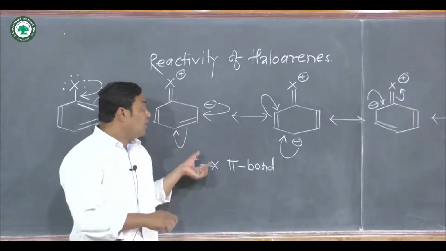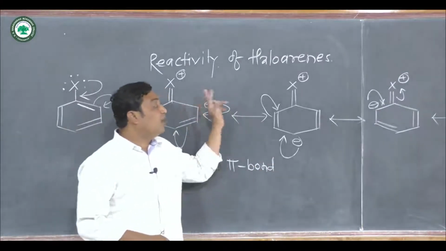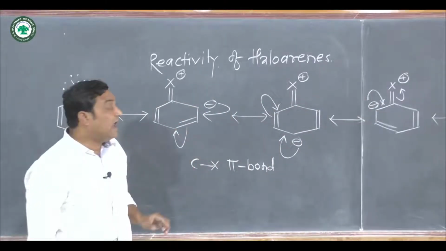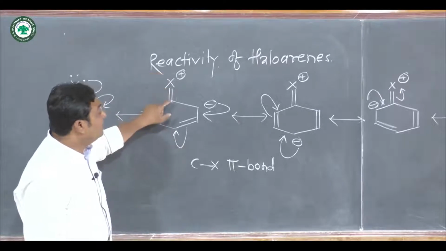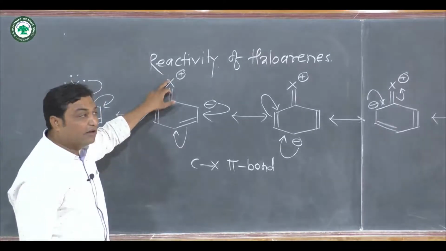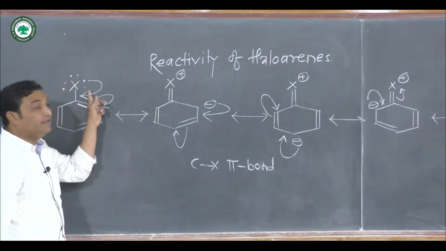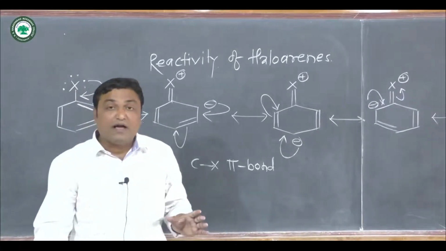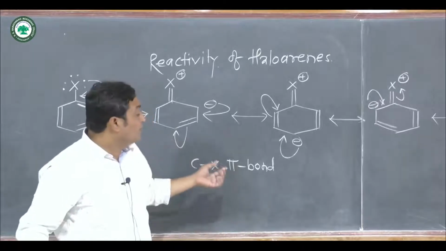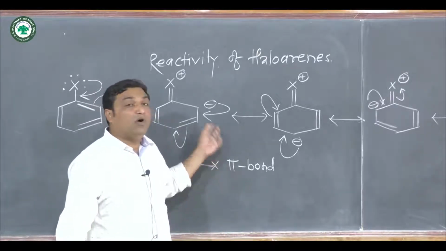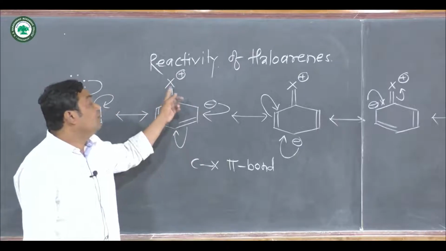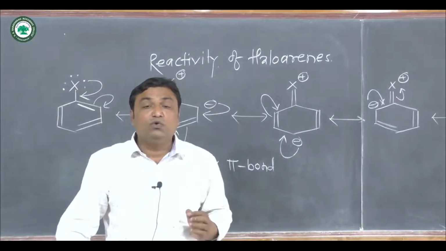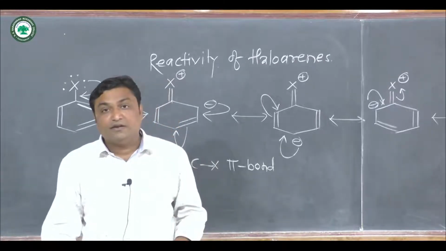Due to the formation of carbon-halogen pi bonds in all these structures, we say that the bond between carbon and halogen atom in haloarenes becomes strong. Due to the formation of partial pi bond through delocalization, these molecules become resistant to nucleophilic substitution reaction.